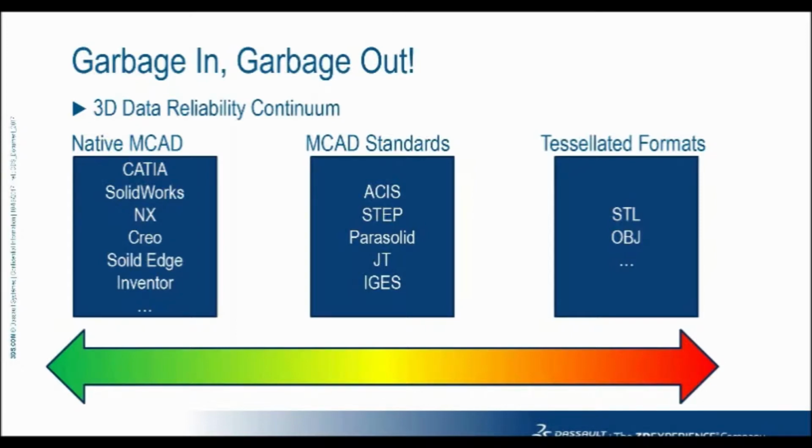And the reason is twofold. The first is that the format itself is extremely simple. It has the capacity to represent a very small amount of information. It can only have the triangles, not really how they're connected. It can't carry information like colors and materials and other information.